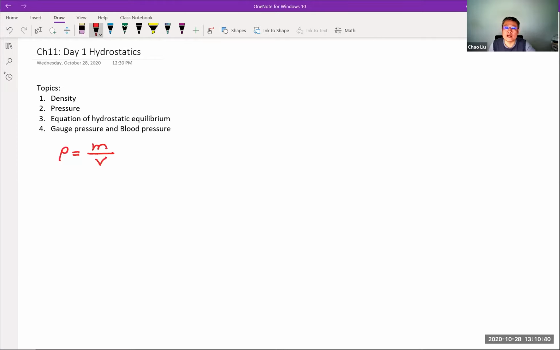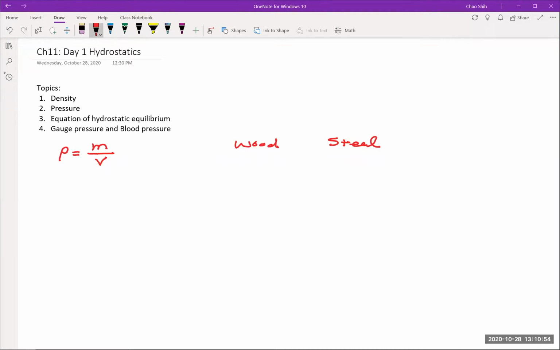What will be your answer for that? Do you think wood is heavier or steel is heavier? Steel. I guess somebody wanted to say steel.